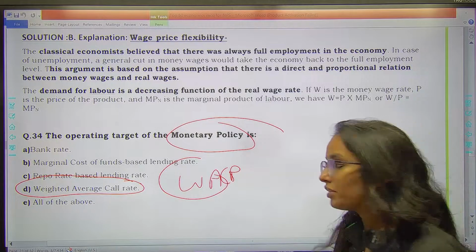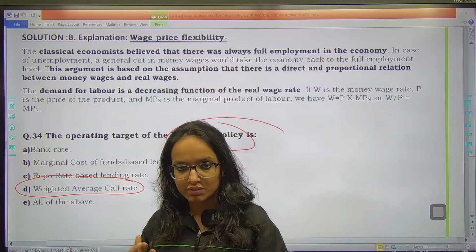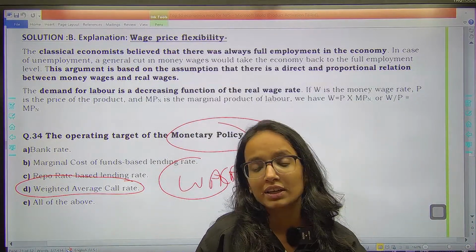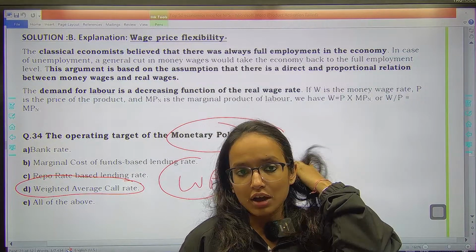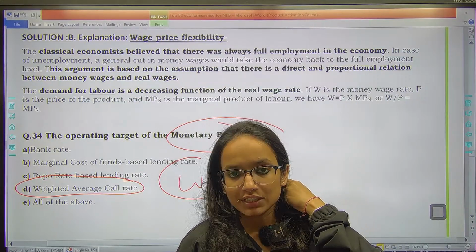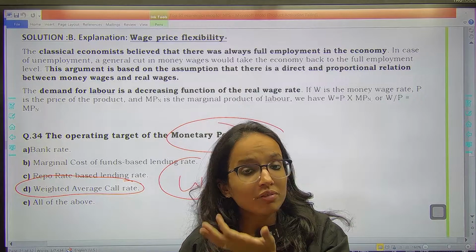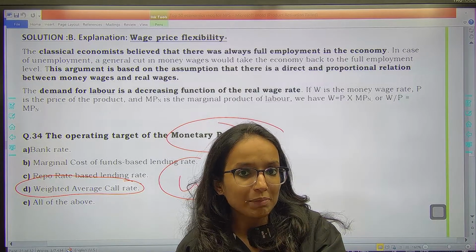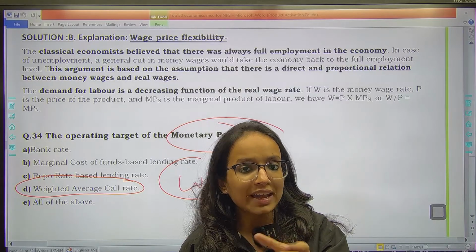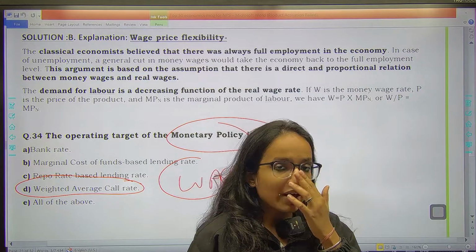What is weighted average call rate? It is the weighted average of the interest rates prevailing in the call money market, and it gives a hint to the RBI about the liquidity condition. If weighted average call rate is above repo, then with the help of monetary policy, they try to align it with repo, right? Why and how?